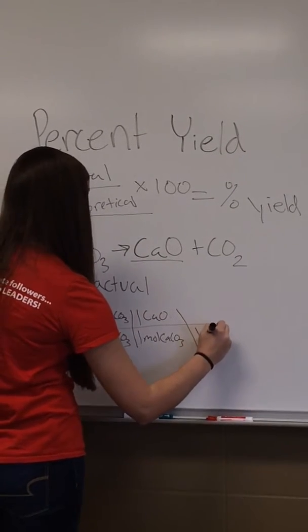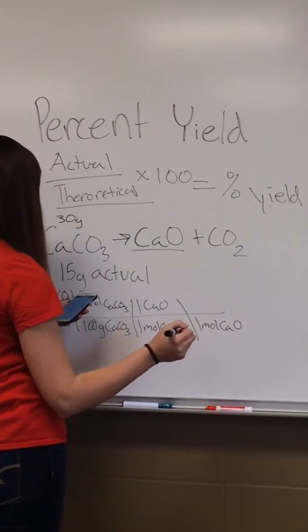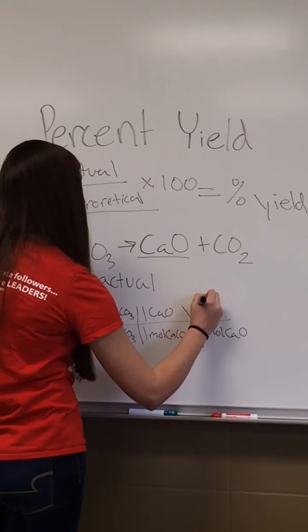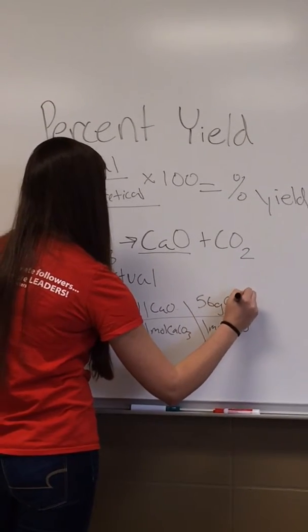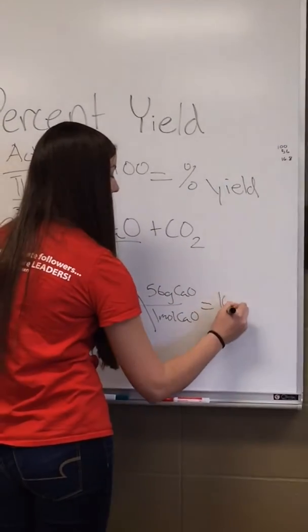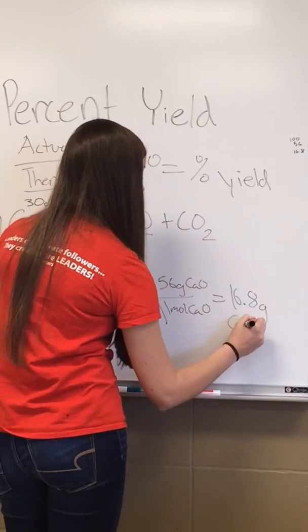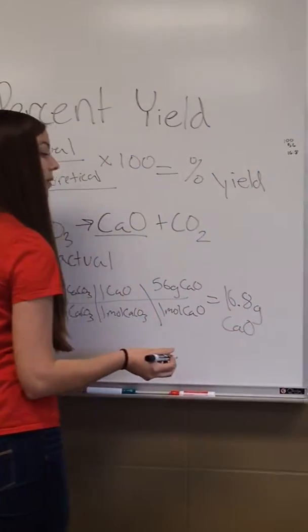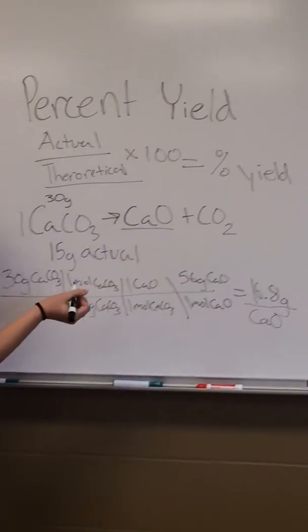So 1 mole CaO has a mass of 56. And in the end, this equals 16.8 grams of CaO. So this is our theoretical number.